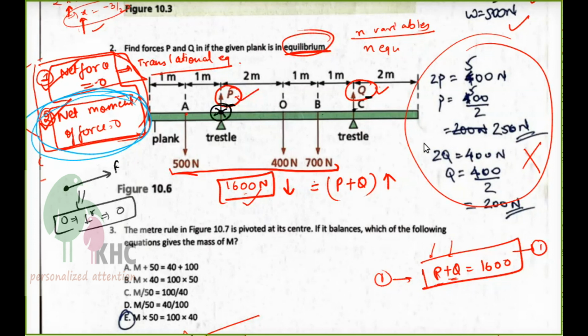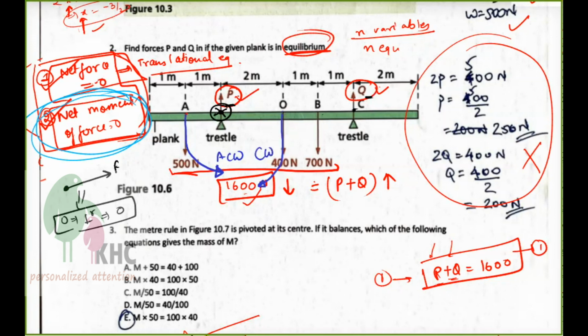Now, about P, this 500 newtons is trying to turn the plank like this, which is in the anti-clockwise direction. The 400 newtons is trying to turn the plank in the clockwise direction.